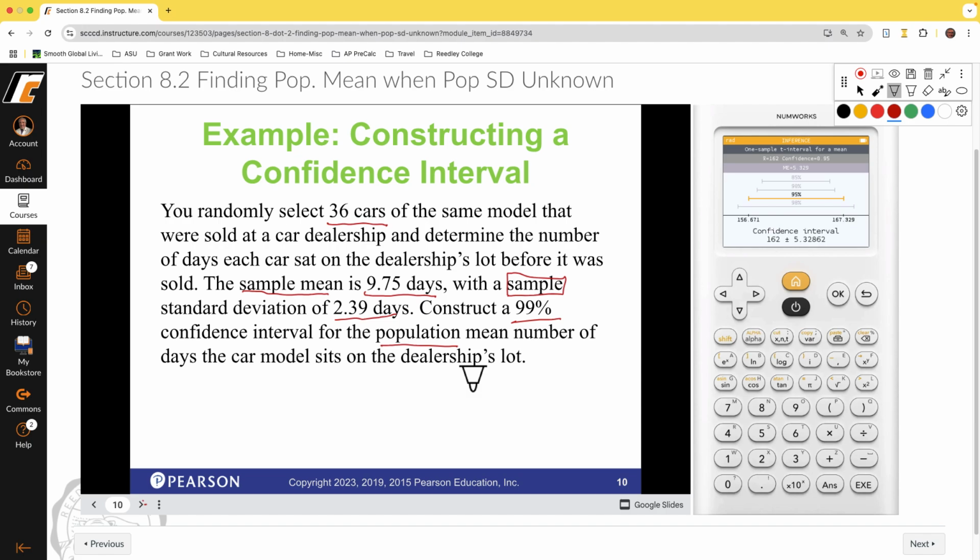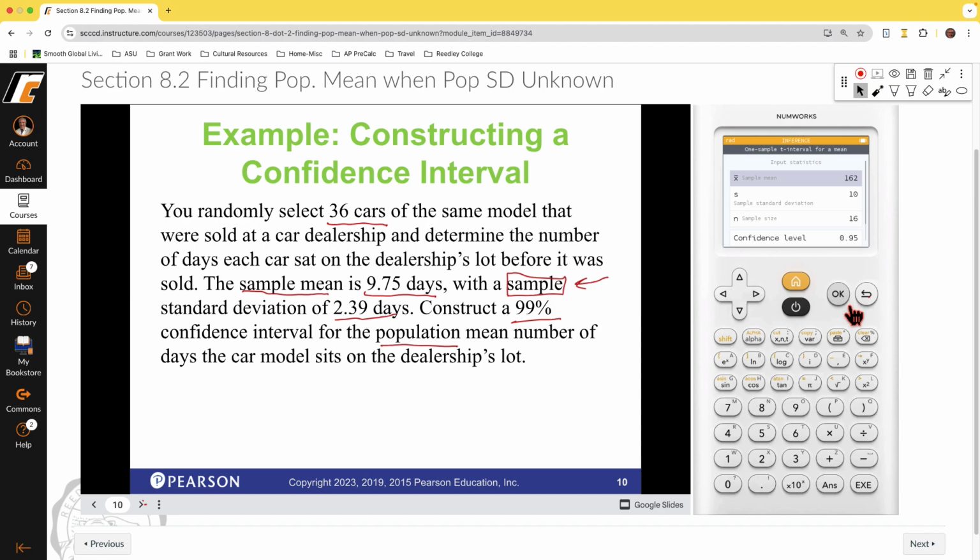This one, since there's 30 or more in the sample, we might be tempted to go ahead and use a z interval. However, we don't have the population standard deviation. We only have the sample standard deviation. So in this case, we are also locked in to using a t interval.